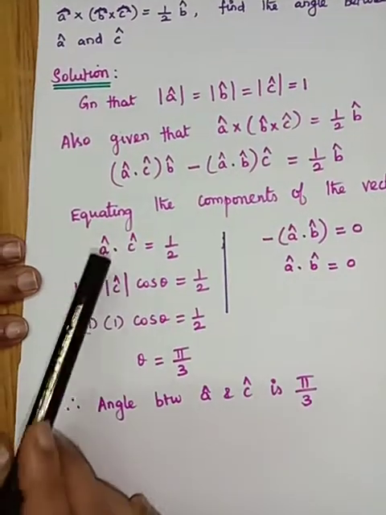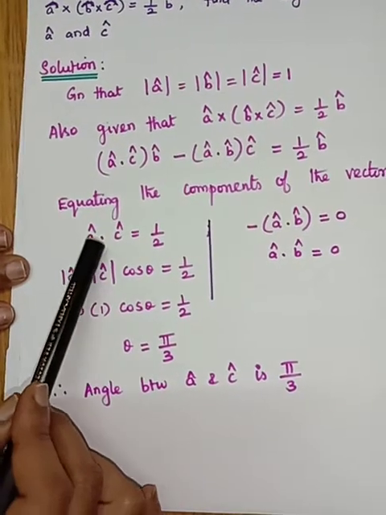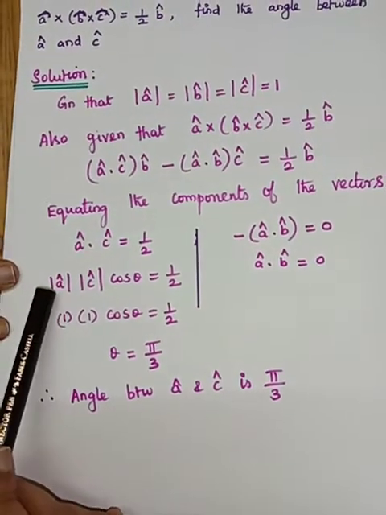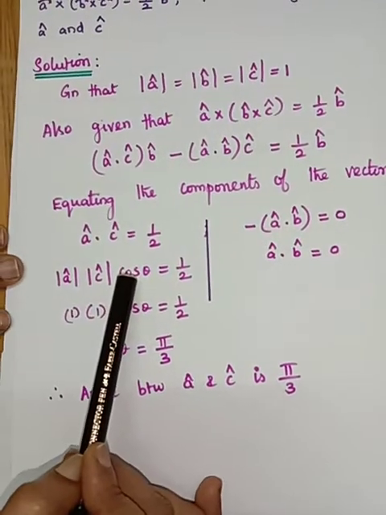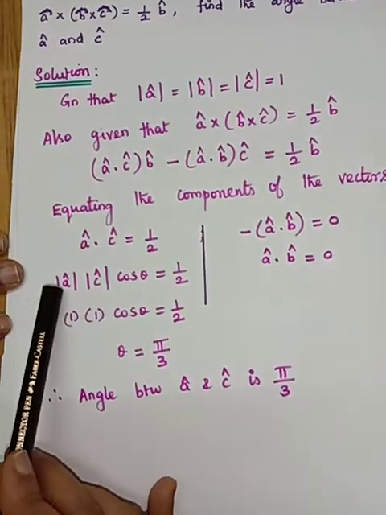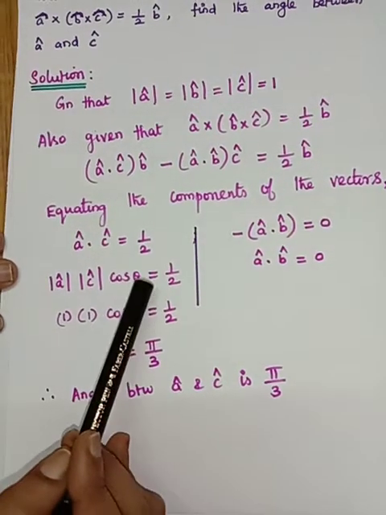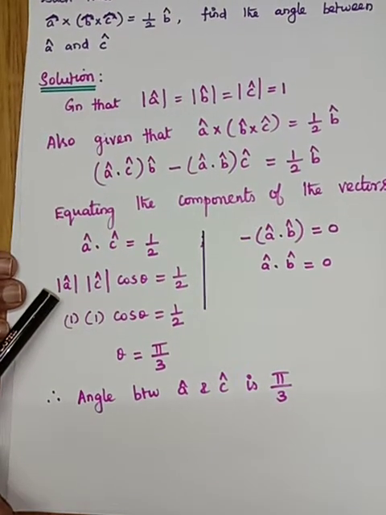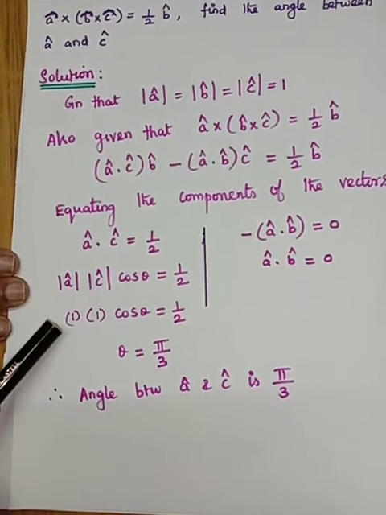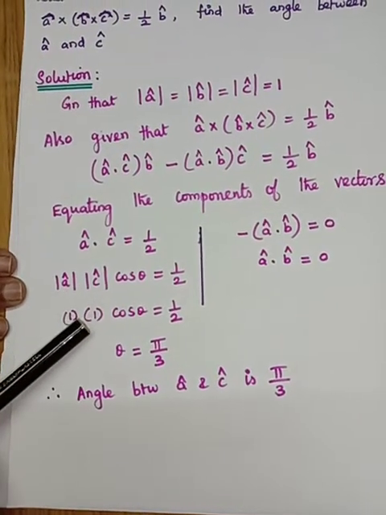Come to this. Here you have to use the definition of dot product. What is the definition of dot product? Modulus of A cap, modulus of C cap and cos theta, where theta is the angle between A and C. That only we have to find. So it is equal to half. So modulus of A cap is what? They are unit vectors, so whose modulus is 1. Here also C cap is a unit vector whose modulus is 1.